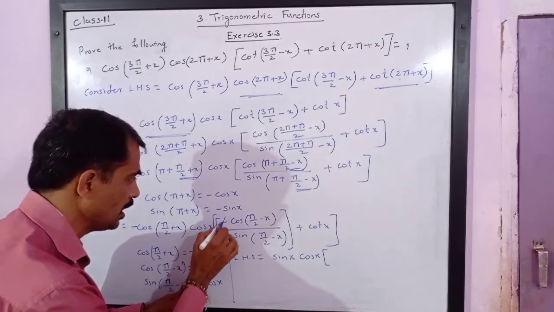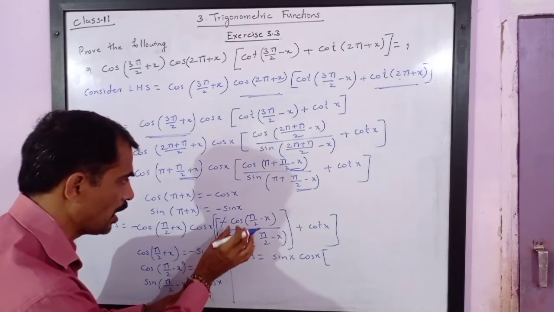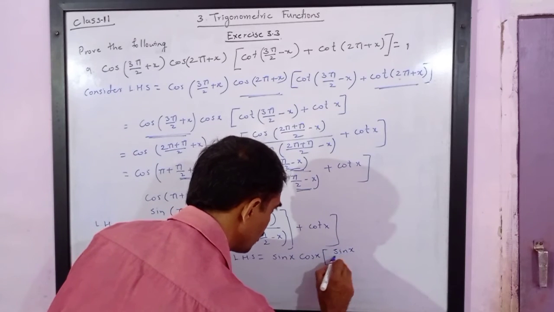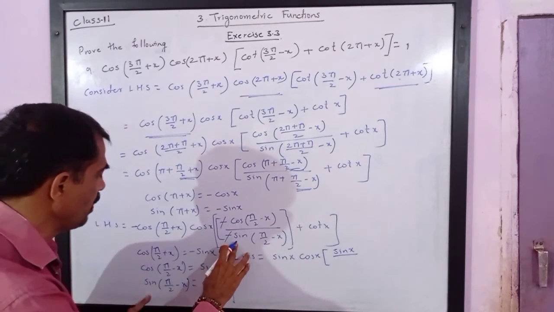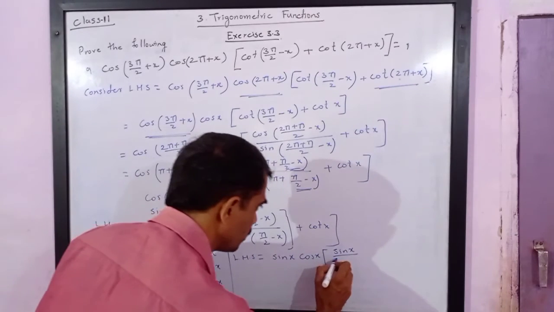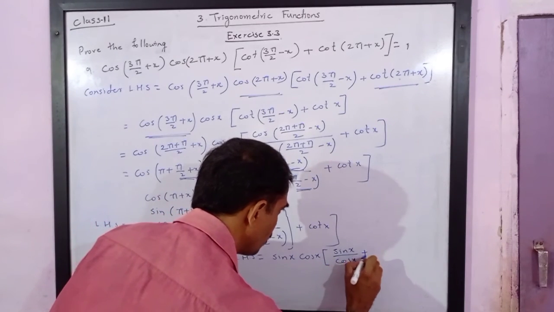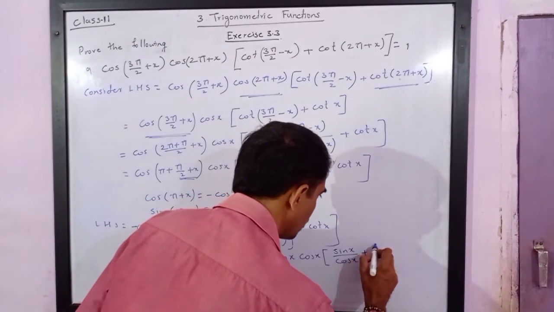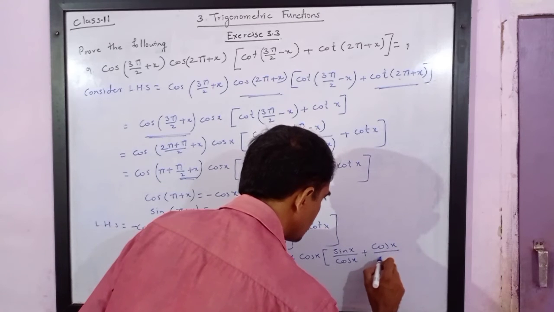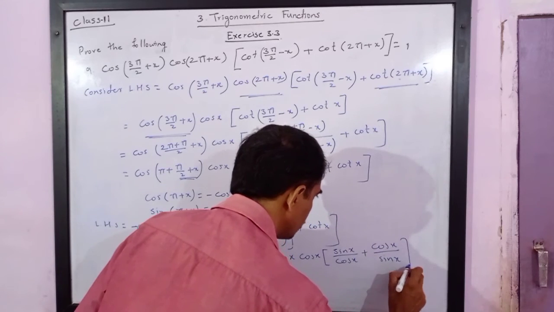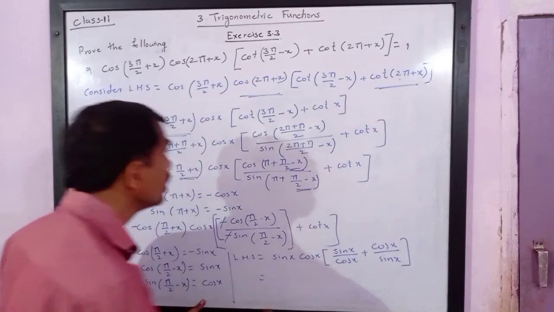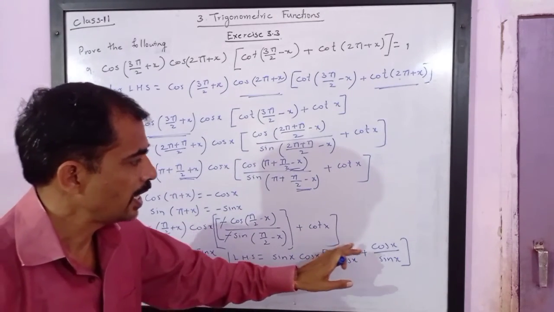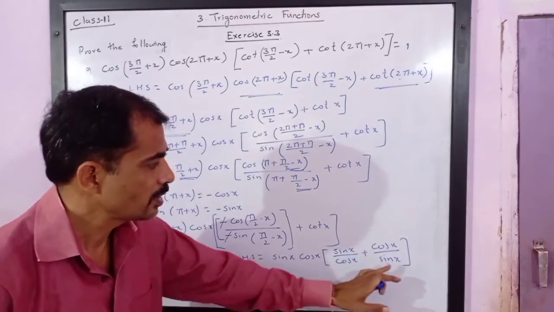This minus sign eliminates with the minus sign, and cos of pi by 2 minus x is sin x, upon sin of pi by 2 minus x is cos x, plus cot, meaning again cos upon sin, cos x upon sin x. Now therefore this becomes sin x into cos x, sin x cos x upon cos x, plus cos x upon sin x.